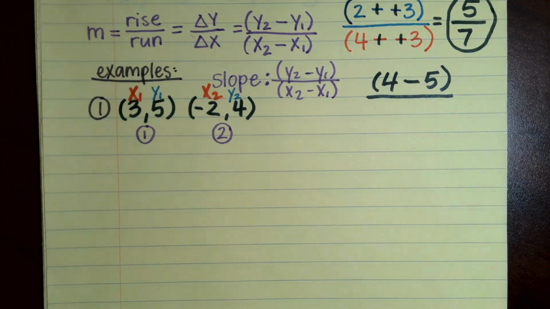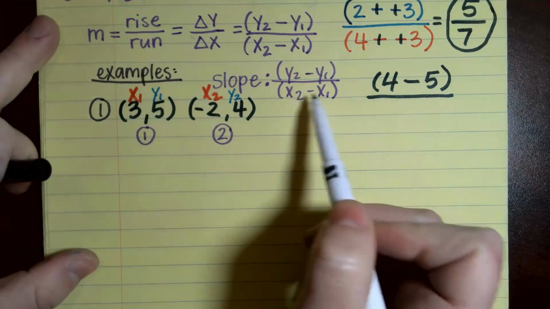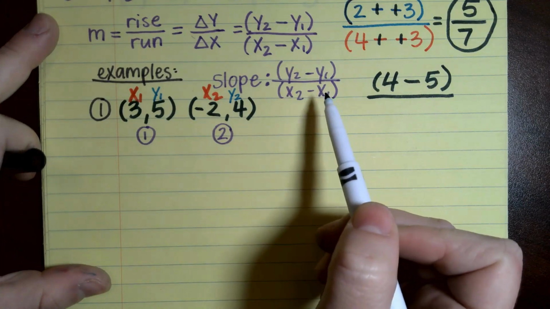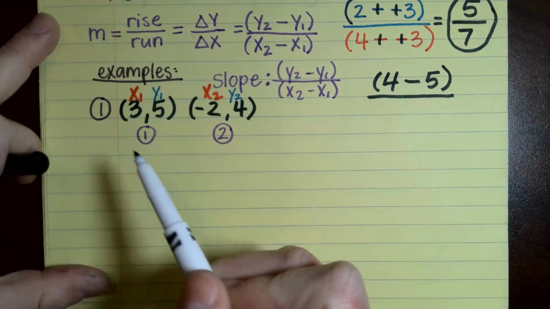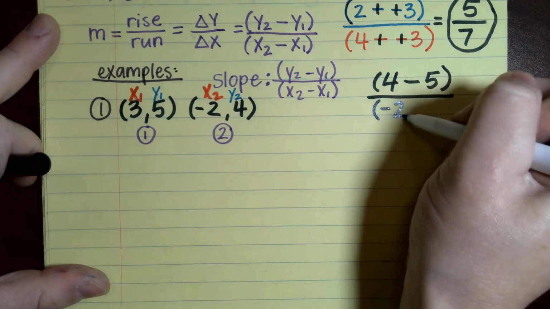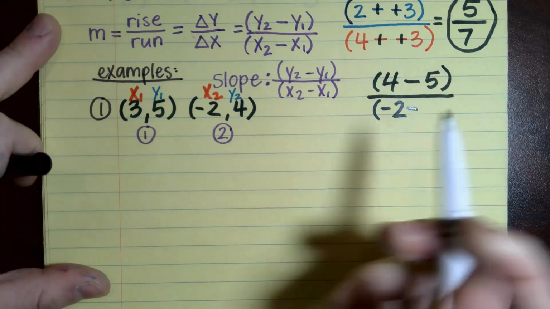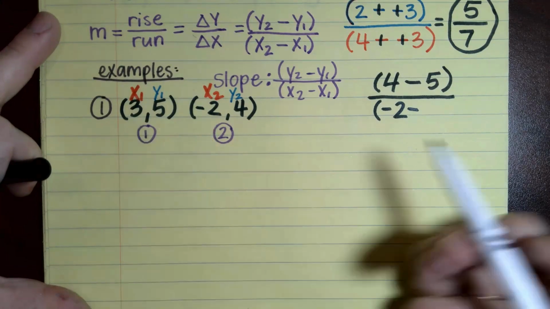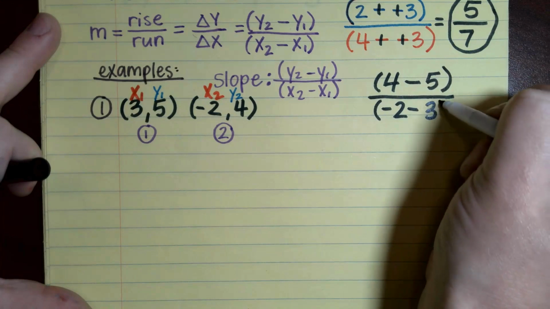Then we're going to do our x's on the bottom. We've got x2 minus x1. Which value is x2? -2 minus, and what's x1? 3. Perfect. All right.